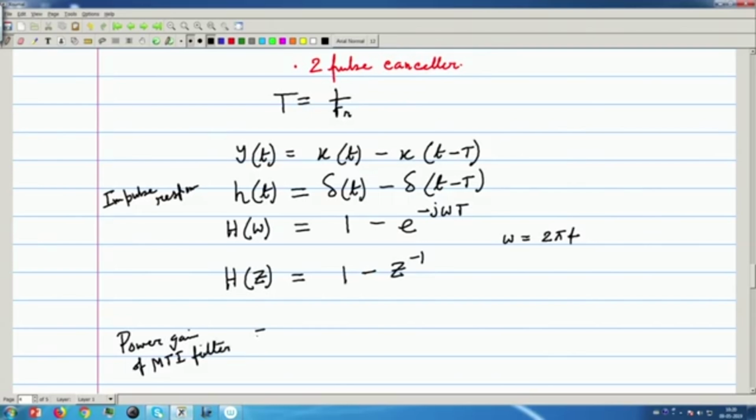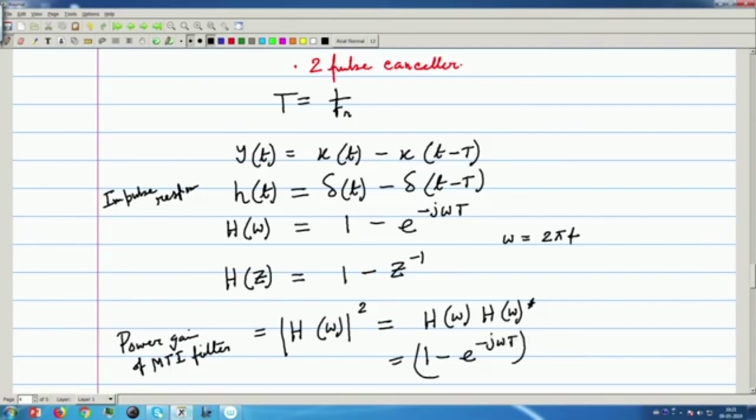That we know power gain will be the magnitude of H(omega) squared, and since H(omega) is complex, it is H(omega) times H(omega) star. So, that means it is 1 minus e to the power minus j omega T into 1 minus e to the power j omega T.